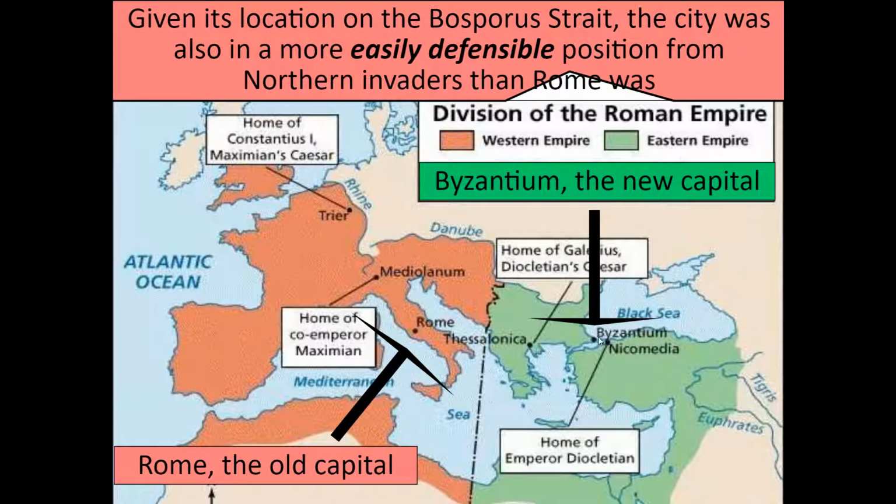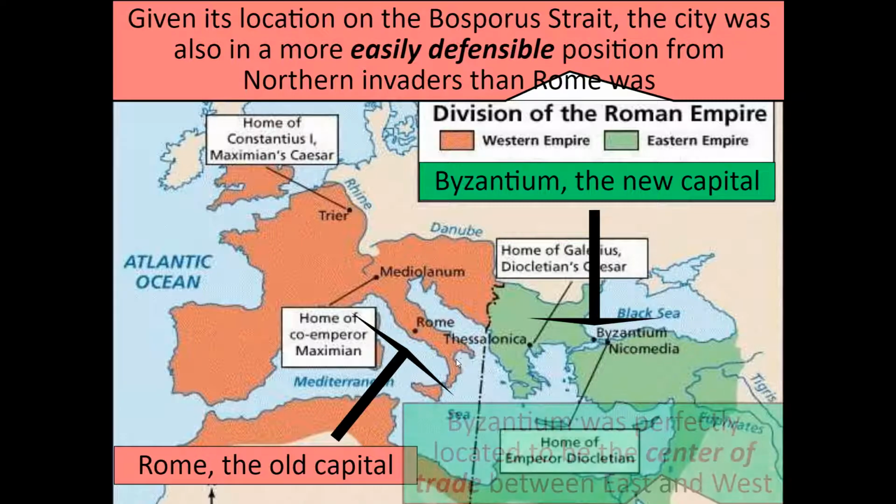Byzantium, Constantinople, Istanbul are extremely defensible cities because to siege this city, you would need two fleets, one to hold the Black Sea, one to hold the Bosphorus Straits. You would need two armies, one to hold here in the Balkans and another to hold in Turkey. And if you don't have all four of those, two armies and two navies, you cannot siege that city because they'll just bring goods in from the other side.